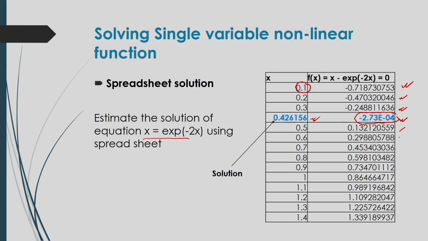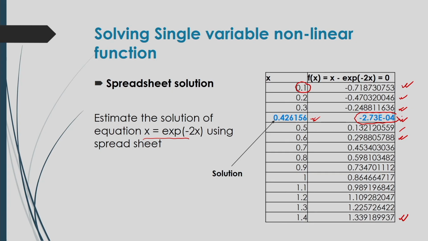Again if you increase the value to 0.6, it will increase to 0.29, and if you keep on increasing this value, you will see the function f of x gradually increases. So initially it decreased and then increased, and it comes here at 0.4 to 6153.